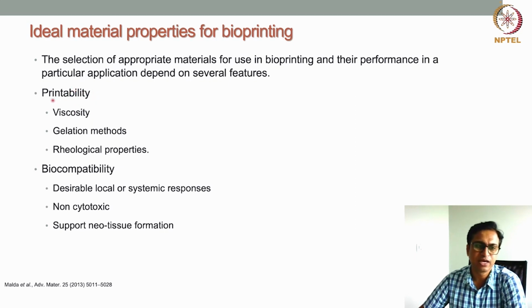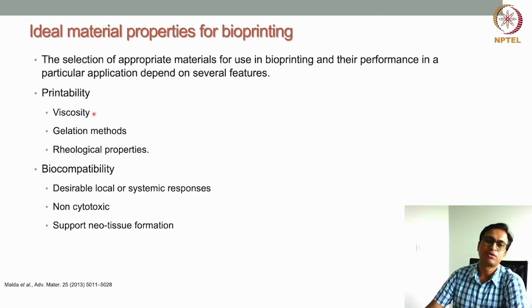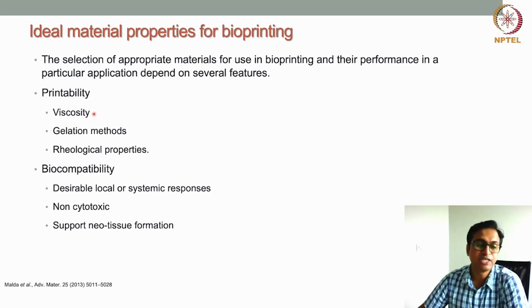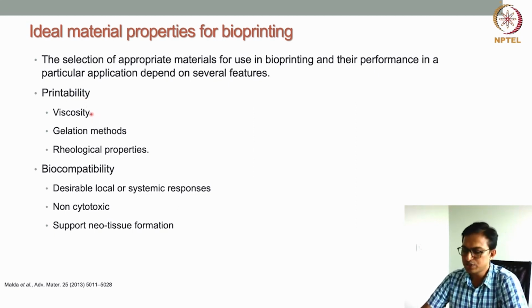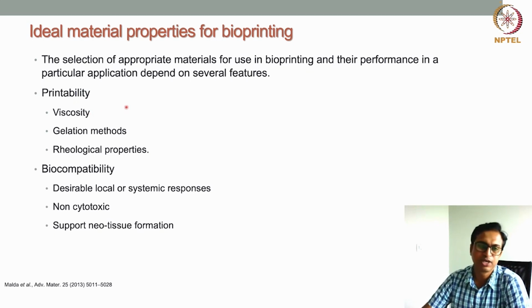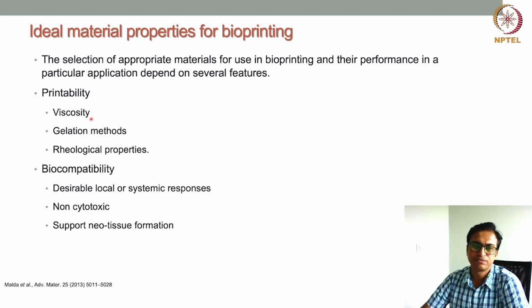For a material to have printability, there are important factors that contribute to it. Viscosity plays a major role in deciding the printability of a material. Based on the viscosity, the material is either printable or not. If you use a very low viscous material, the material can come out of the nozzle very fine, but then it will start deforming and will not be able to make a very good structure.